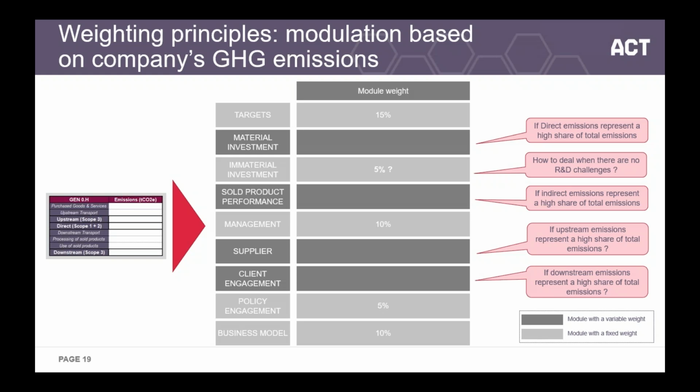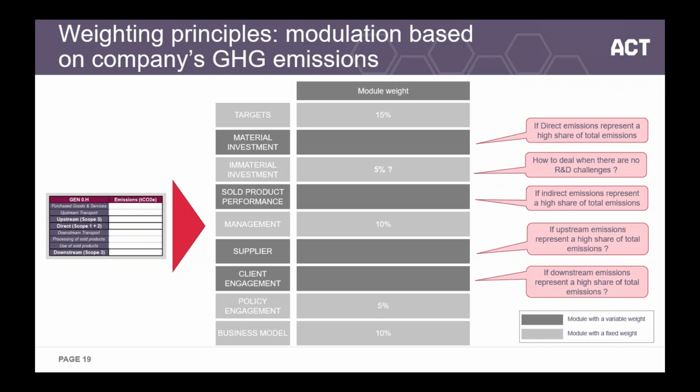As I was just explaining with the first example, for example, a company acting in the waste or water utility sector, material investment may require an important weighting, because this is where this company may need to act in priority in order to get to a pathway aligned with the objective of the Paris Agreement.